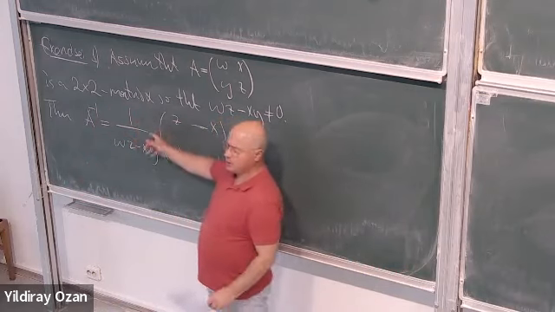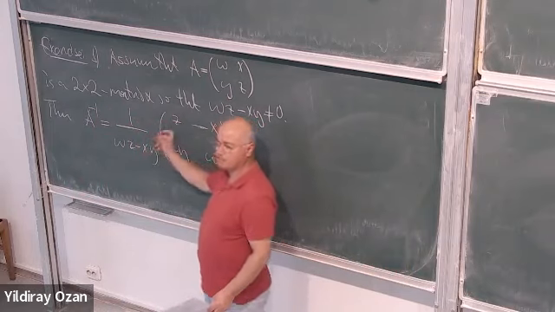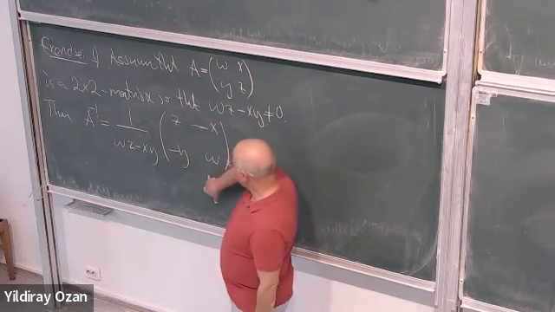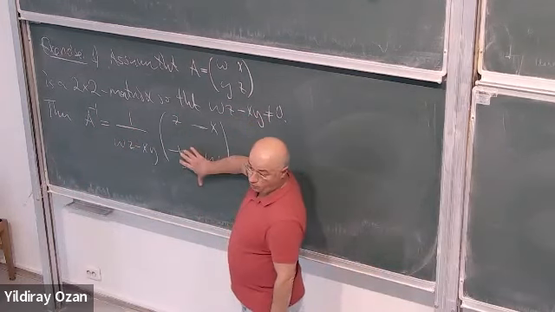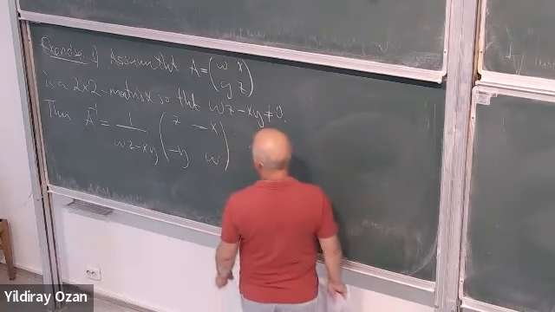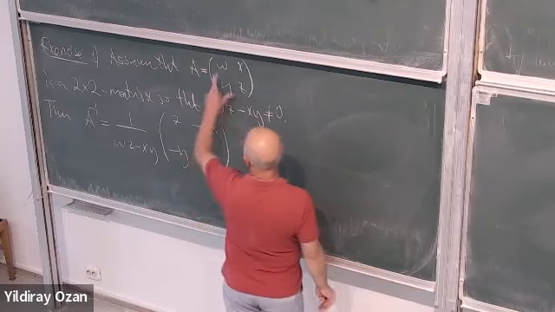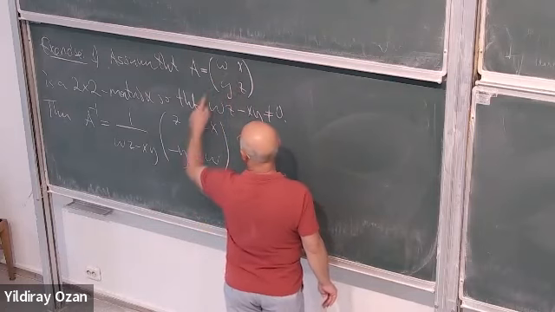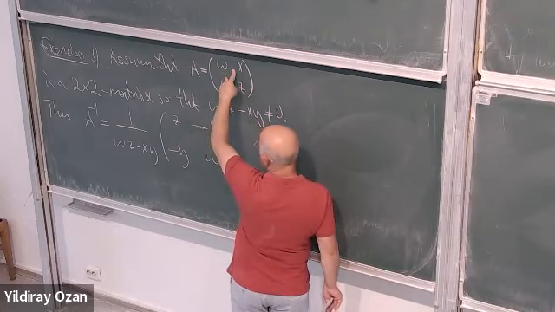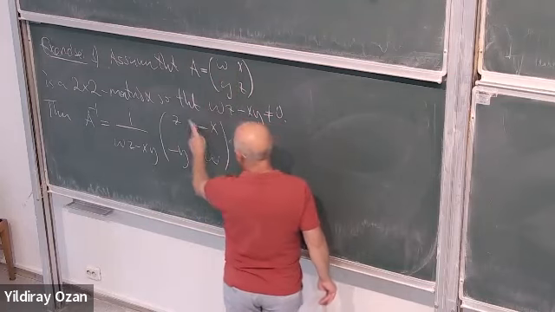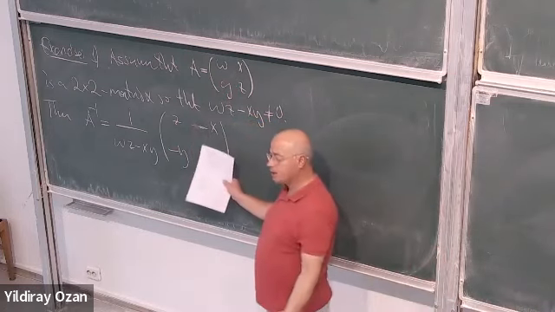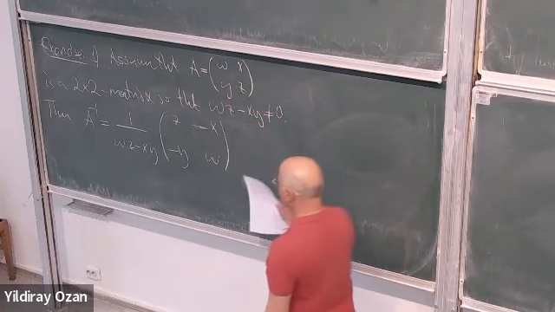Multiplication of a matrix with a real number is just multiplying each entry. We claim that this is the inverse of A. So what is the inverse? You interchange the diagonal entries, W and Z, and the off diagonal entries X and Y are replaced by their additive inverses, minus X and minus Y. So this is the claim.